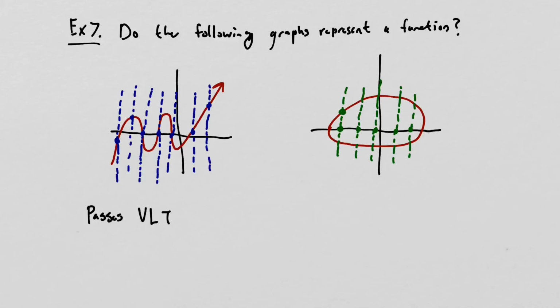What we see clearly is that this graph fails the vertical line test. And again, the reason why is because we can find multiple different vertical lines that pass through this graph twice. So what we can conclude is the graph on the left-hand side is in fact a function, and the graph on the right-hand side is not a function.